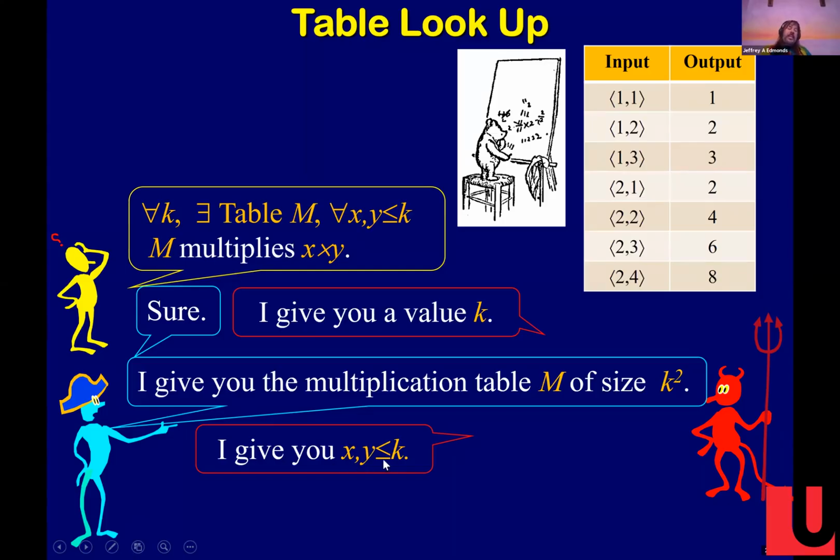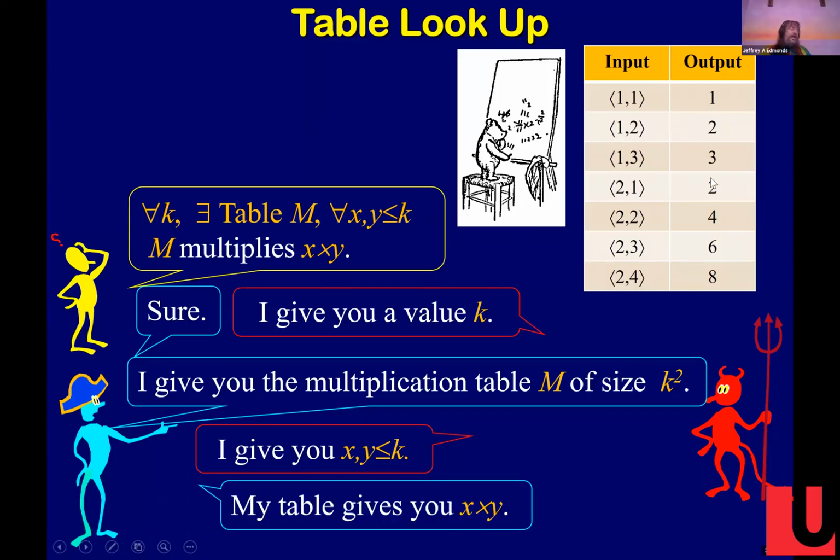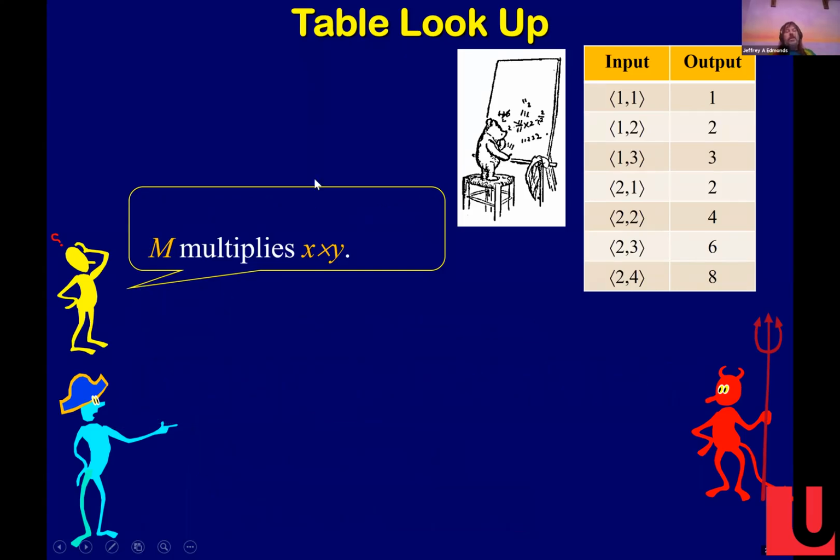And if they are, then I can look up in the table and I get the result. Everybody see that? So the point is, during the coding phase, I can make a table as big as I want, but then the input is going to be bigger later.